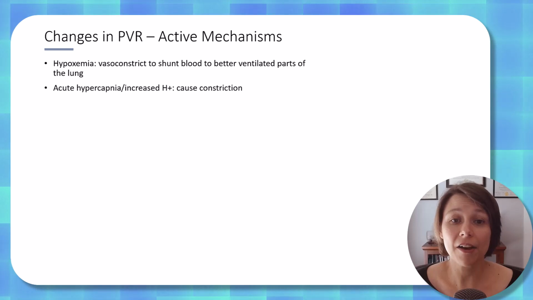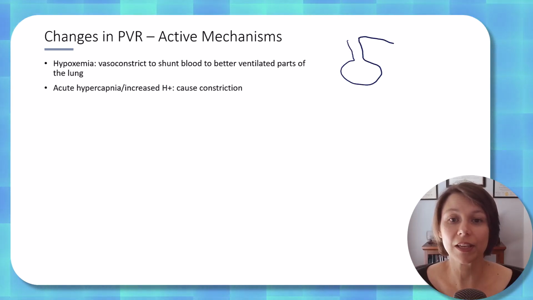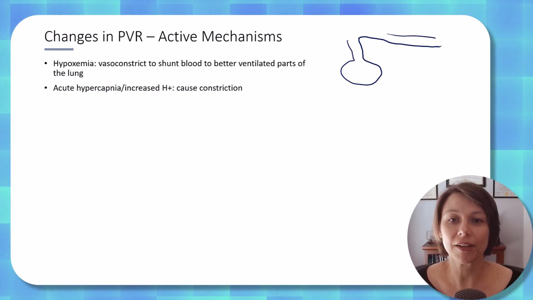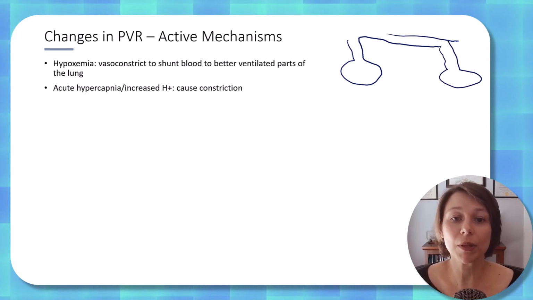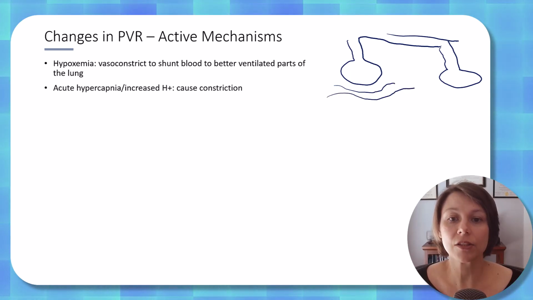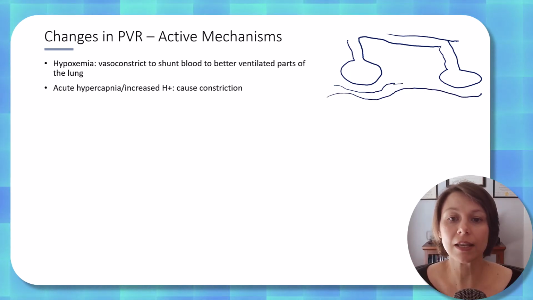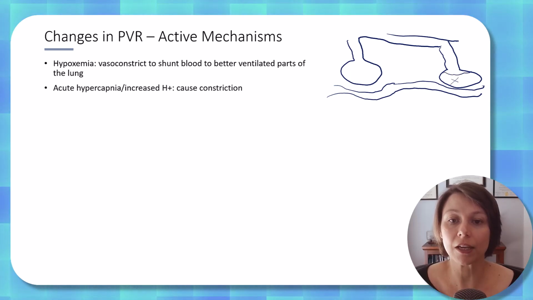So let's say I have 2 alveoli here, like in different parts of the lungs. We'll do another alveoli over here. And we have blood vessels, of course, going to both of them. And so what happens is that this blood vessel is full of fluid. So we have no oxygenation happening here.